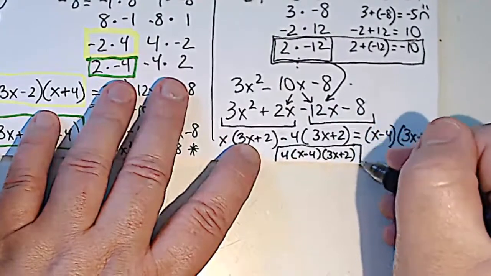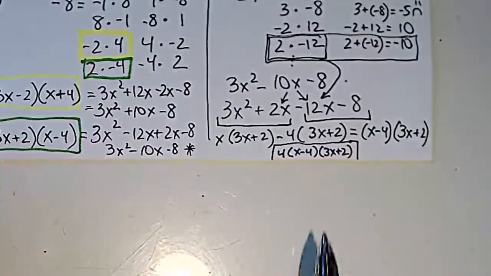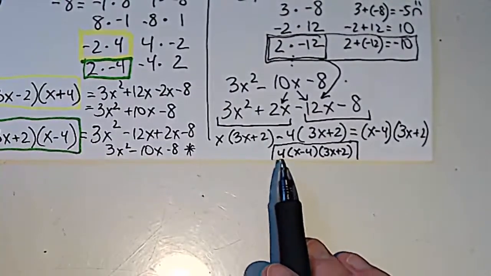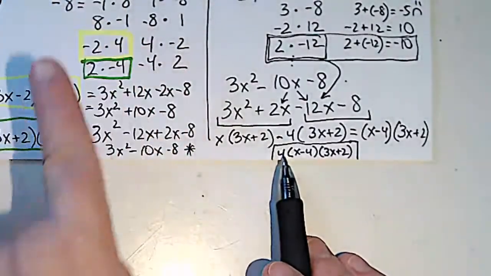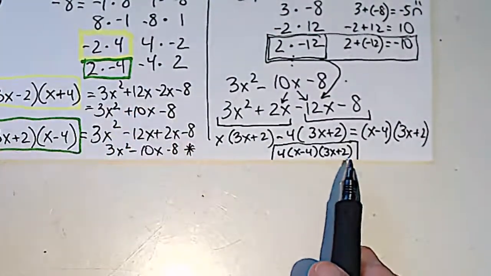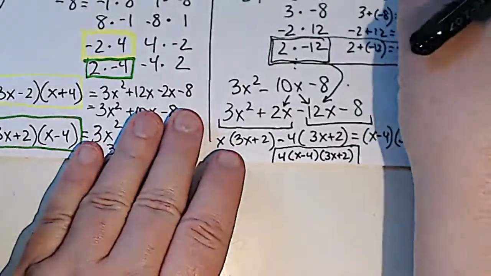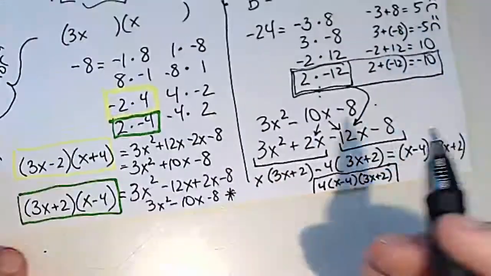And I've written it so that ant mathematicians can see it. Does that make sense? There's the 4 from up above, pointing, and then x minus 4 and 3x plus 2. And then you're asking me 3x plus 2 times x minus 4, and the answer is yes. You could use either one of those.